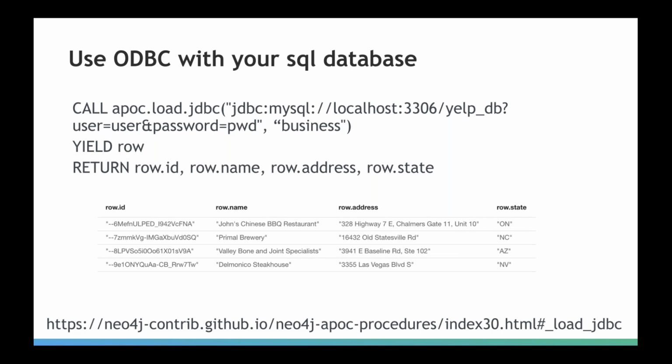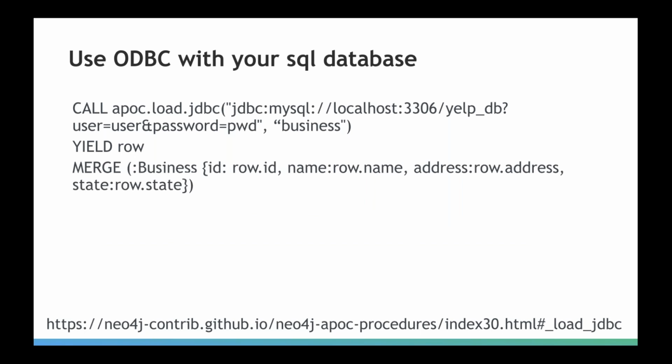And here we have queried the MySQL database for some actual data. And here I actually use the data from the MySQL database to create this data in my Neo4j database.